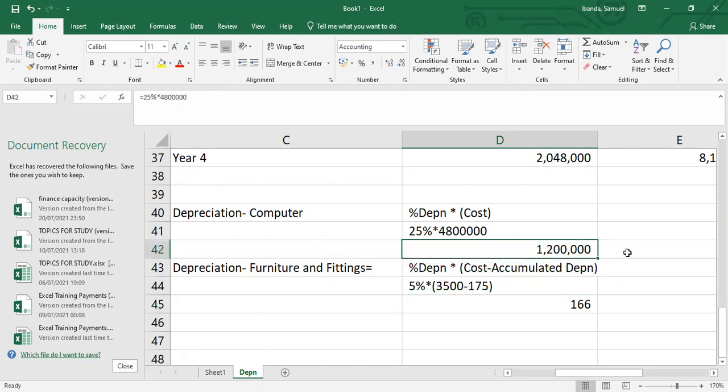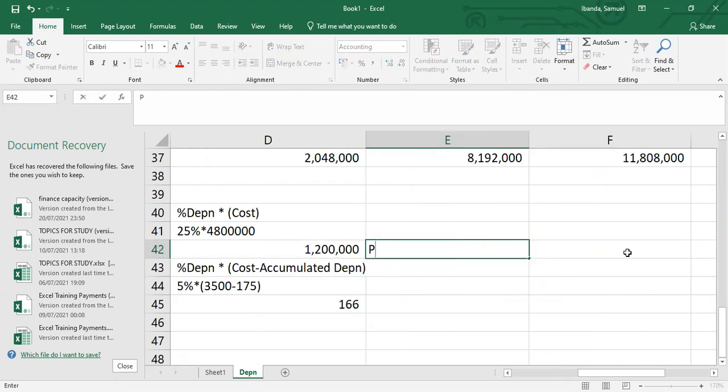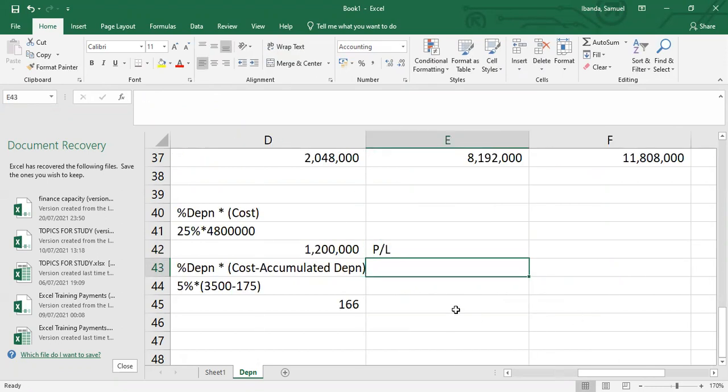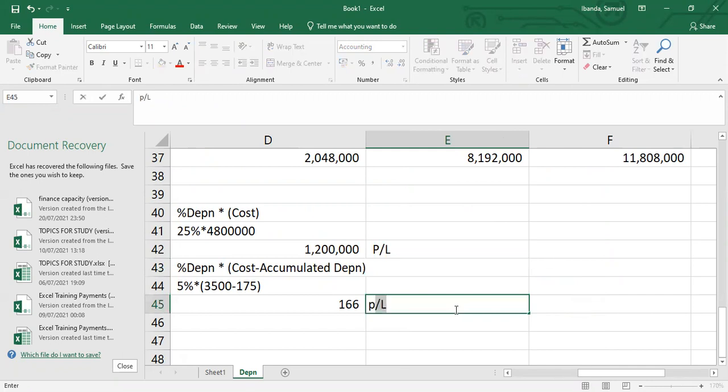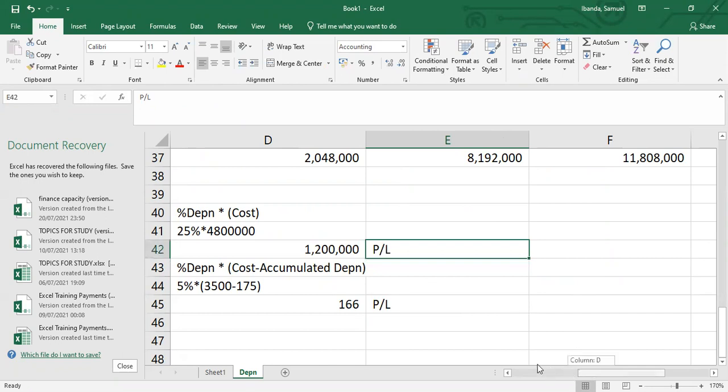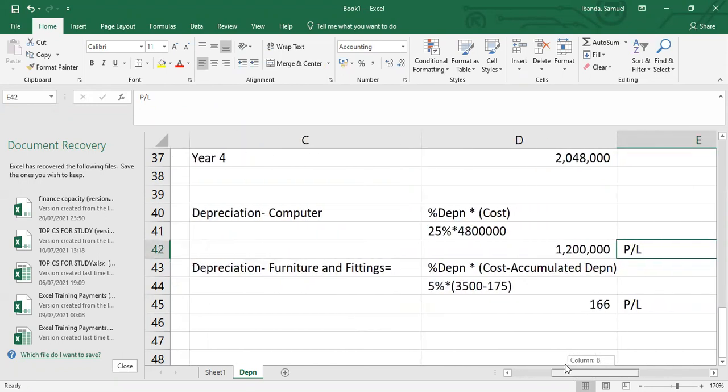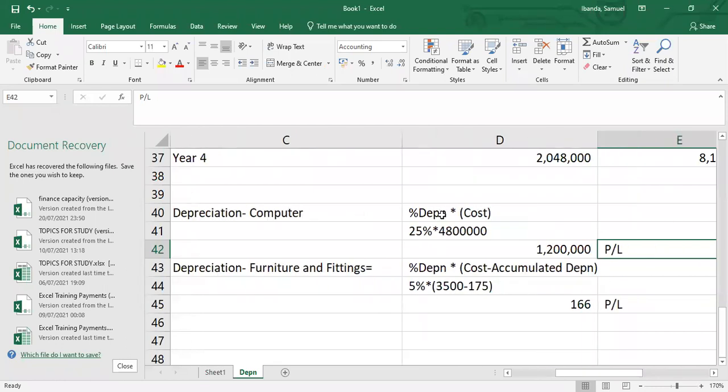So this value is what you take to your P&L, your profit and loss. And this is also what you take to your P&L. Now, what you recognize in your statement of financial position will be this 1.2 you've gotten, which you add onto the accumulated depreciation that you started with.